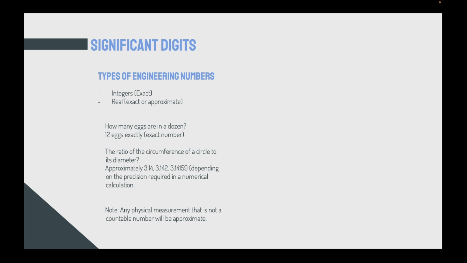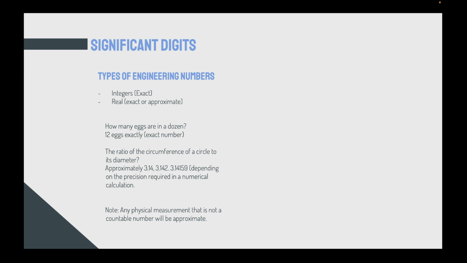Now, if we say how many eggs are in a dozen, assuming the dozen have 12 allocations, we would say the dozen of egg have 12 eggs exactly. In this case, it's exact number. Now, I would say the ratio of the circumference of a circle to its diameter. Everybody knows circumference? That's the outside area of the circle.